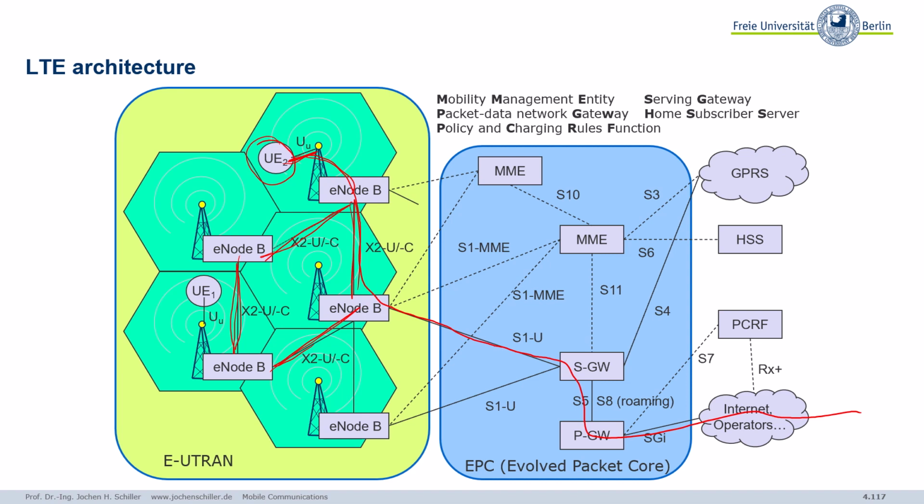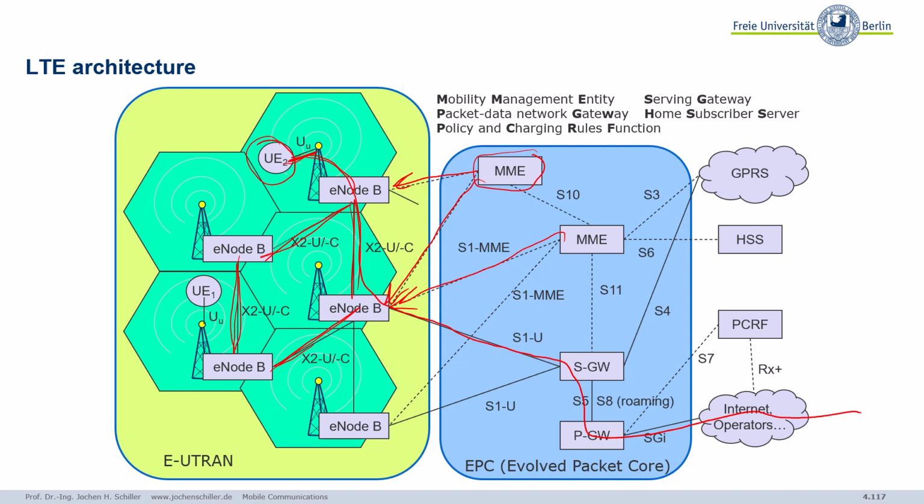What else do we see? We see a mobility management entity, I will come back to this, connected via signaling with the E-Node Bs, as you see here, controlling them. An E-Node B can also be connected to more than one MME, so there's a higher flexibility.